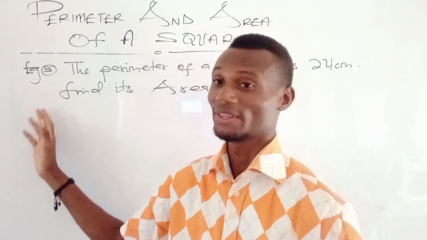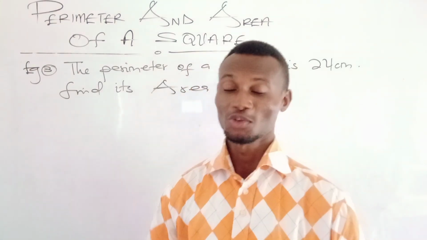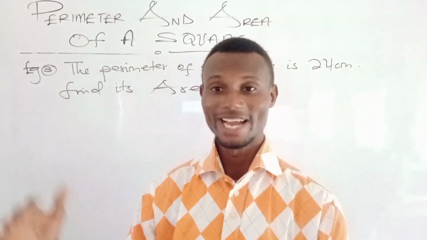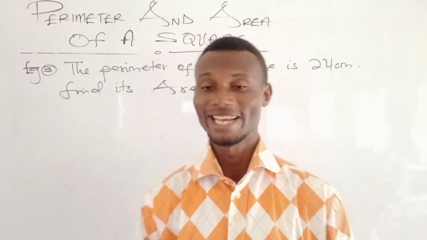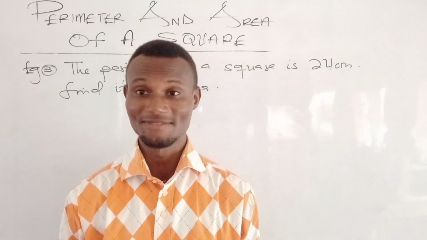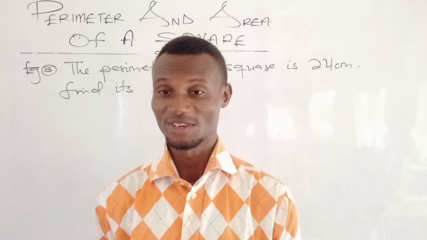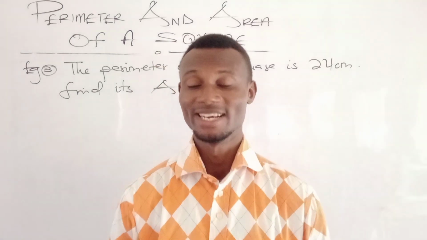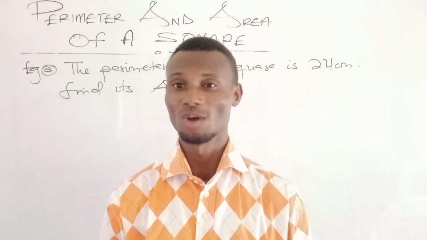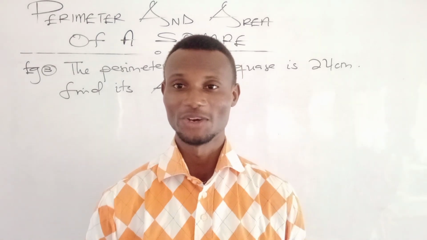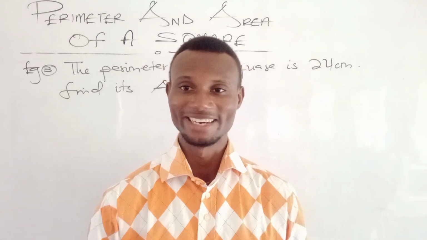So this is example 3, as you can see from the board. It means we've already done example 1 and 2 in the previous video. So I would advise that you watch the previous videos to get the foundation, because this is just a continuation to solve another example with you for you to get a better understanding of it.